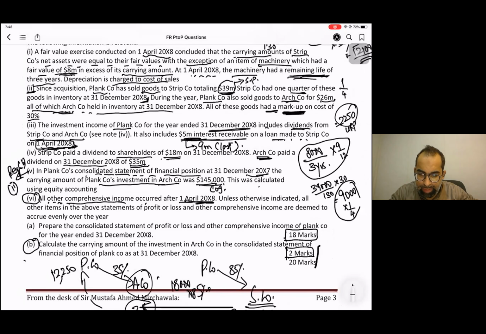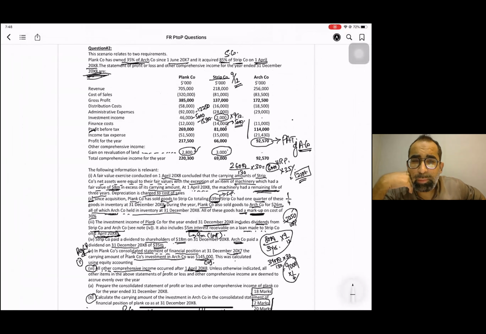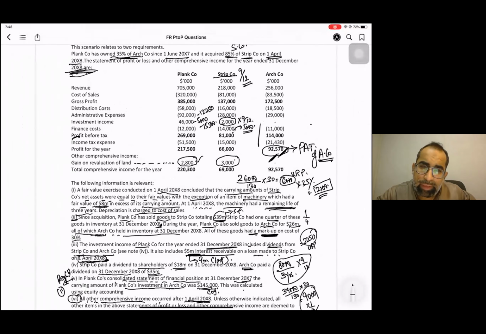Finally, can anybody tell me, one more thing for the income statement we need to calculate: the associate share of profit. For that, I will pick this A company's PAT, that is 92570, multiplied by 35%.